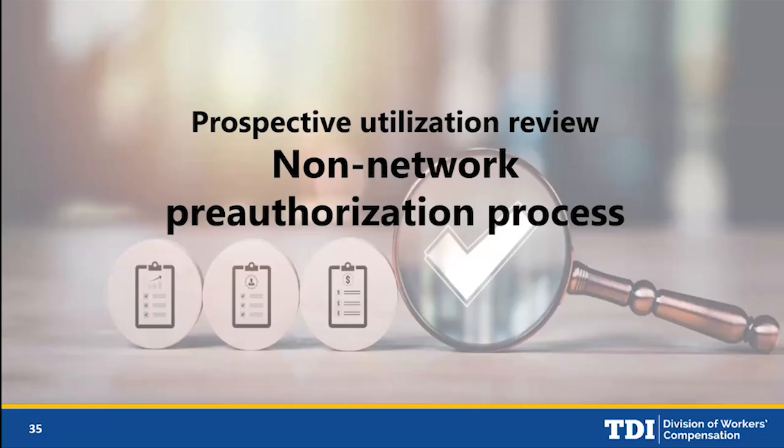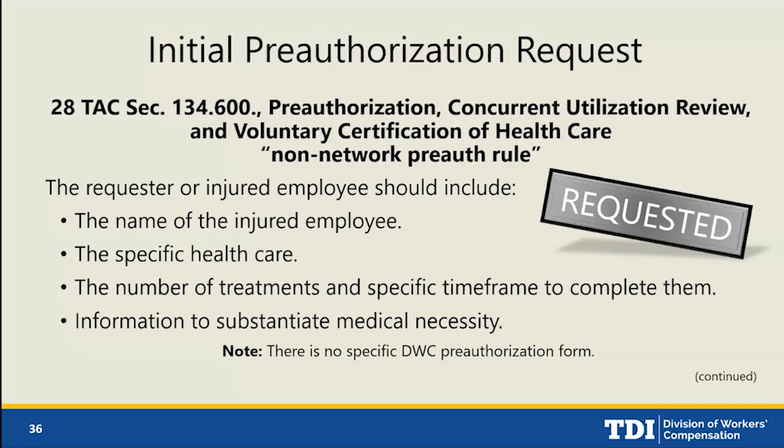All right, so let's take a look at the non-network pre-authorization, prospective utilization review. Prospective means looking at services before they've been rendered. Again, we're going to refer to 134.600 for these, the first request.